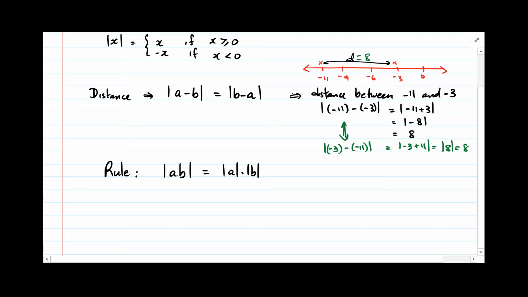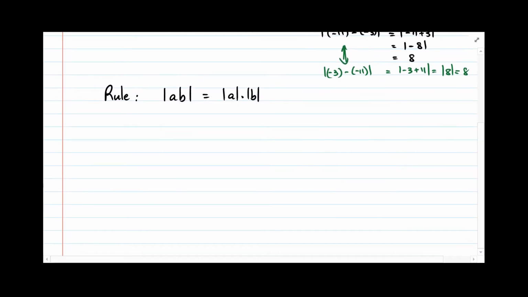Let's look at 4 different examples. We'll just use the numbers 2 and 3. So if I chose negative 3 and negative 2, and the absolute value, I'm asking, is this the same as that?